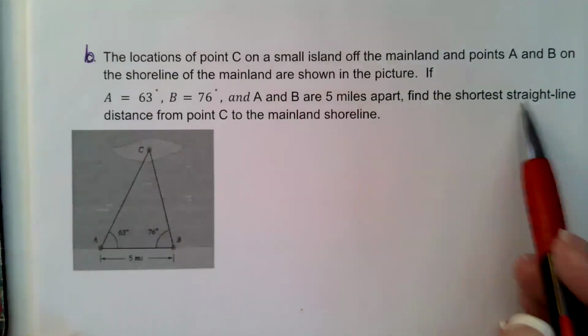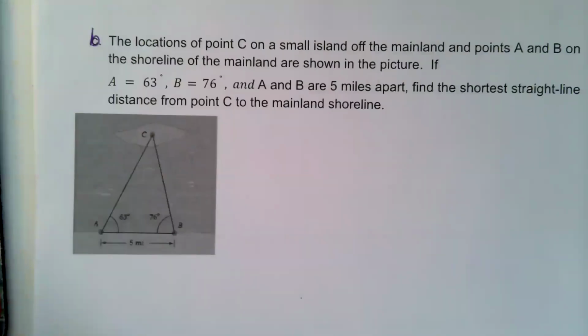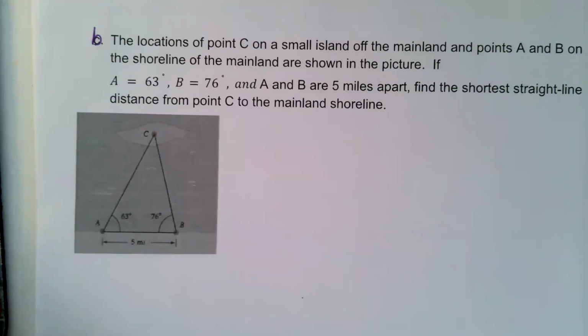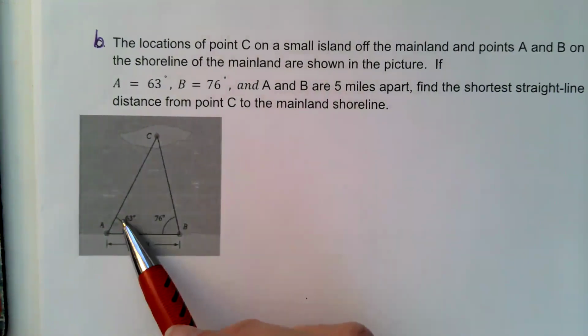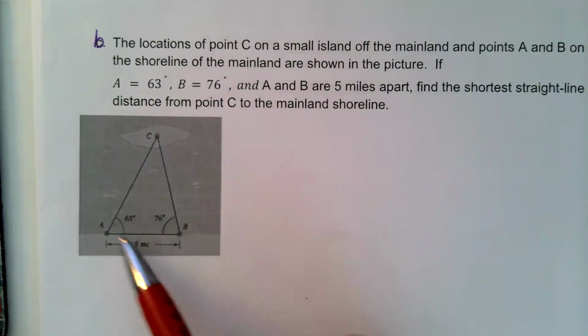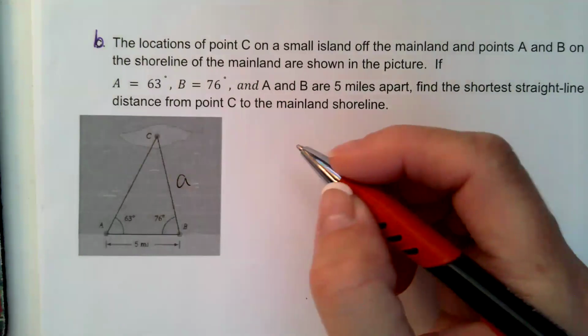Find the shortest straight line distance from C to the mainland. So the shortest distance should be the side opposite the smaller angle, which would be side A. That's what it should be.